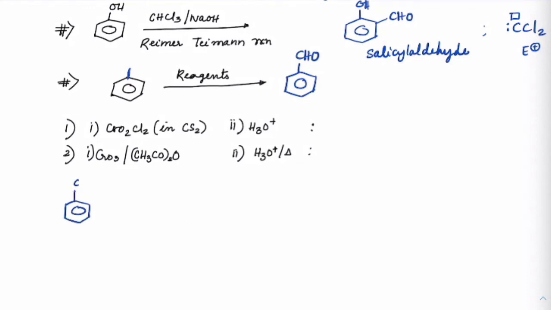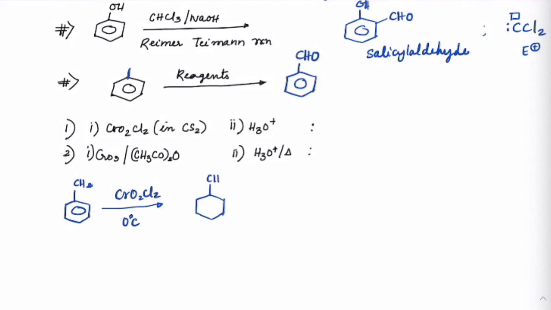First, toluene on reaction with CrO3 or CrO2Cl2, either way it is fine. Got it. So first, let me write the first one, CrO2Cl2. So first we would get this, around 0 degree centigrade.